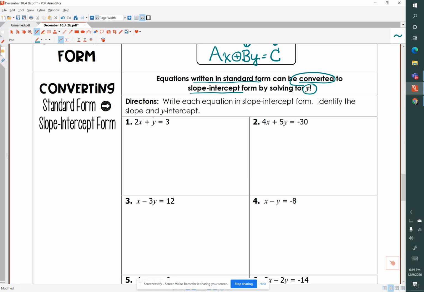So let's take a look at the first one. We have 2x plus y equals 3. So 2 is our a. We have an invisible 1 for our b, equals 3, and 3 is our c. So how are we going to convert this to slope-intercept form? Well, let me rewrite it first. The first thing we're going to do is subtract 2x from each side.